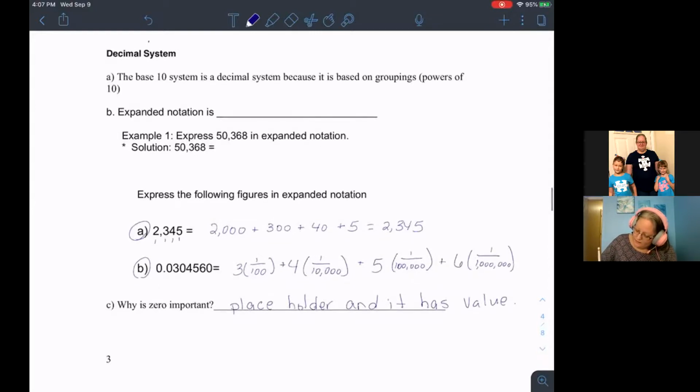Oh, I guess express the 50,368 in expanded notation. That would be 50,000 plus 300 plus 60 plus 8.